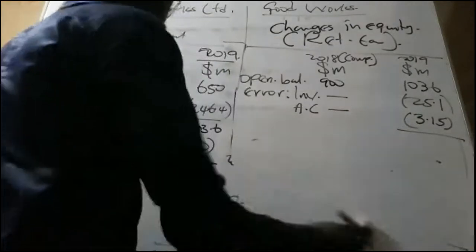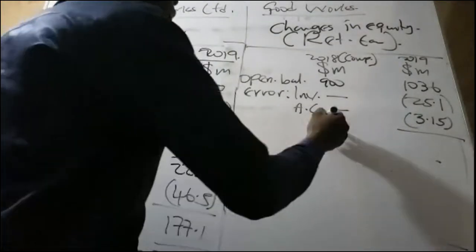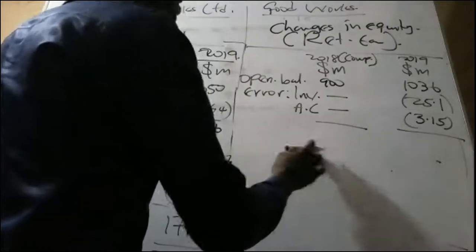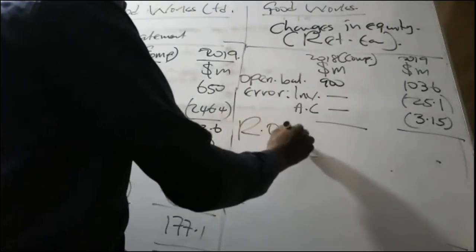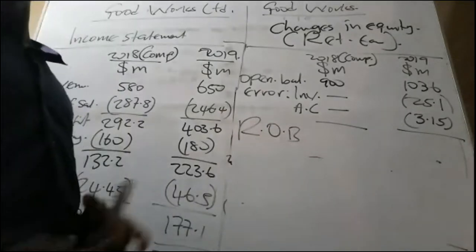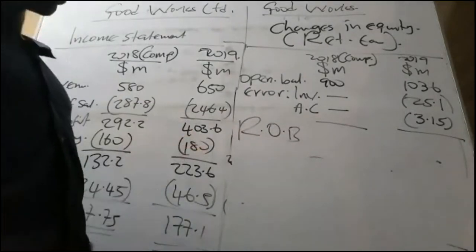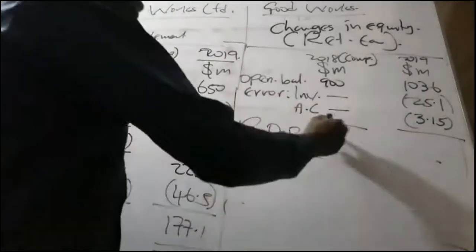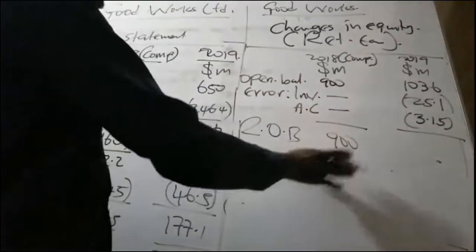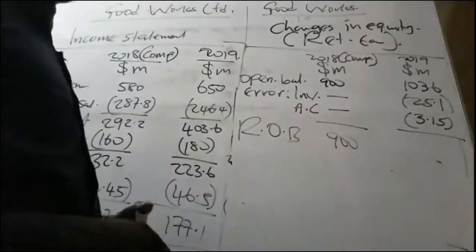So at the end of the day, we are done with the effects of the errors. Then what do we have? We have what we call restated opening balance. Please, no shortcuts. So here, the opening balance for 2018 is correct. No error will affect it.